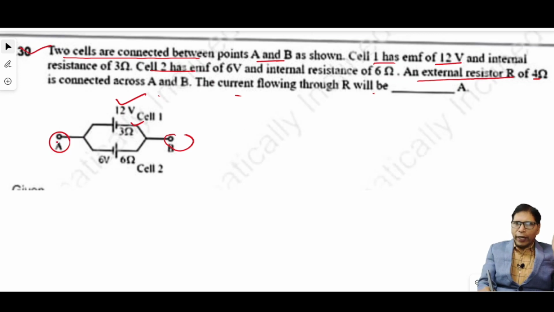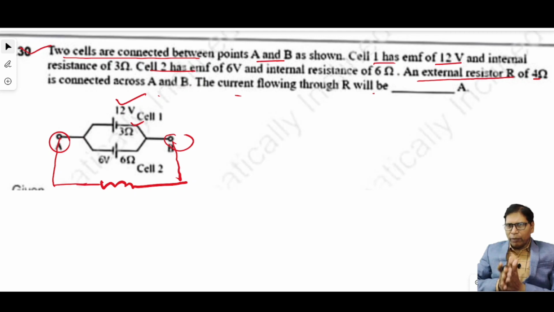Okay. Now look at this. This is the R. Okay. We have to calculate the current through R. Now we have to calculate equivalent EMF and equivalent internal resistance.